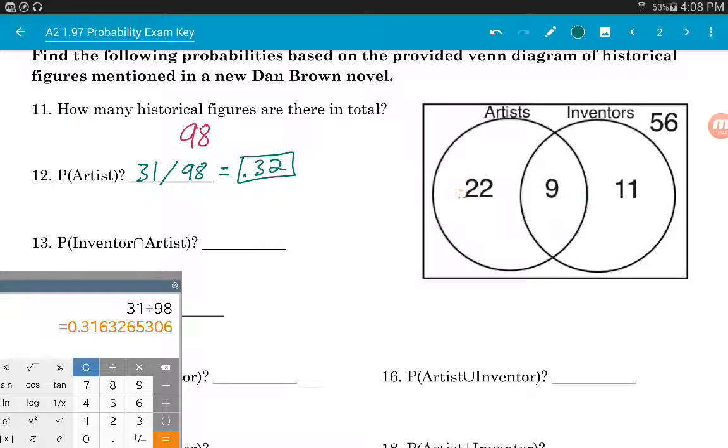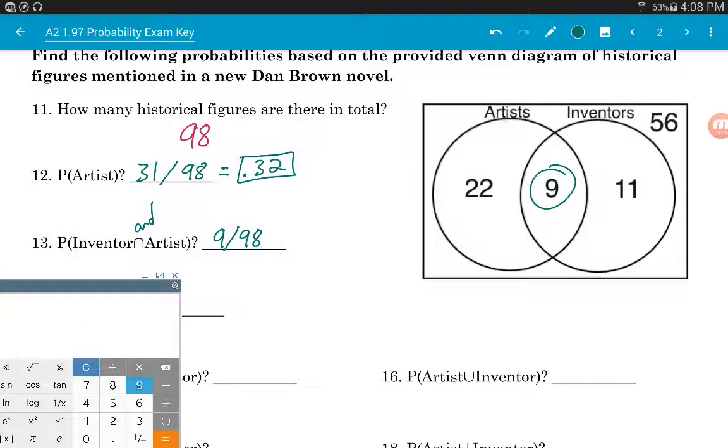The probability of somebody being an inventor and an artist. That symbol means and. So inventor and artist, well, it's only these people. They're inventors and they're artists. So 9 out of 98, which equals 0.09.